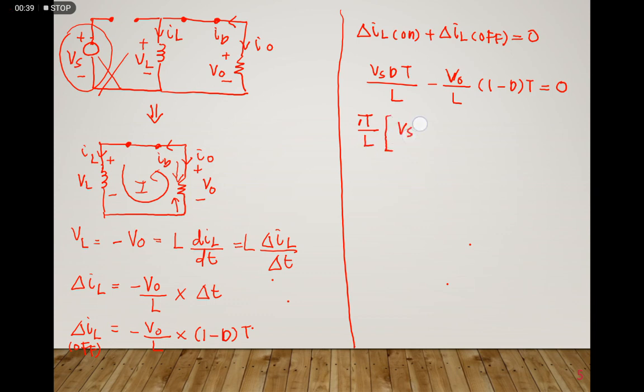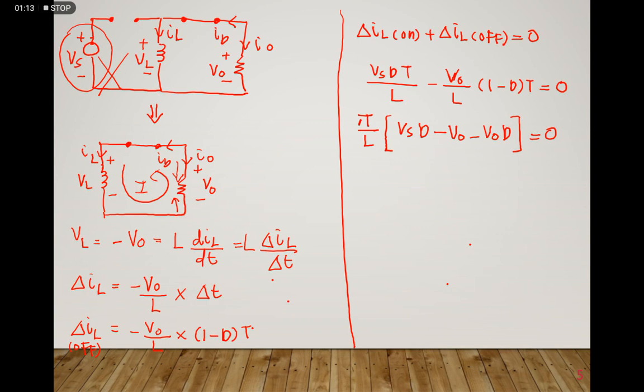VsD, and then we have T over L times V0 minus V0 D equals 0. So you bring T over L to the other side, it will be multiplied by 0, so you get 0. Obviously, it will be cancelled out.